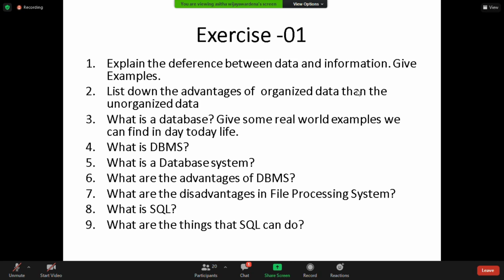Okay, the organized data is easy to access, and if it is well organized, then we can have the minimum storage to store such data, and you can save a lot more time, and you can create more descriptive information out of organized data.